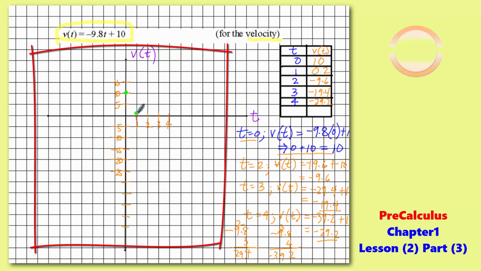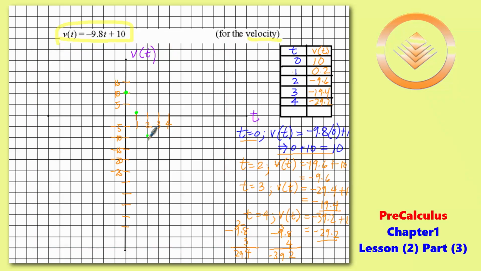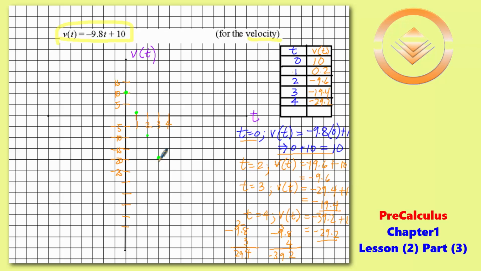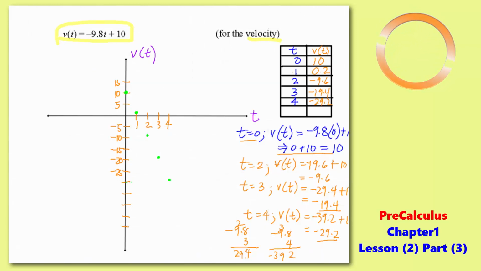If we have 2, we have negative 9.6, so now it's negative, close to negative 10. If we have 3, that's negative 19.4, so it's closer to negative 20. And if we have 4, it's negative 29.2, so it's closer to this line here. Now we take out the grapher and connect all of the points.